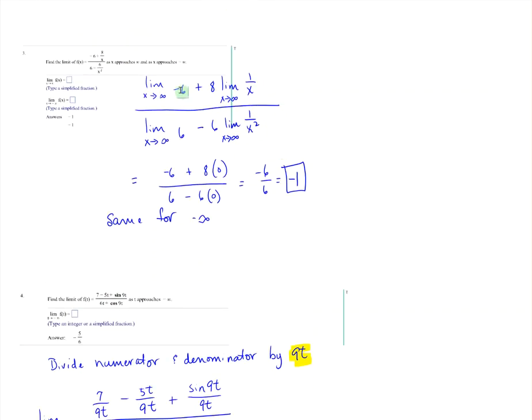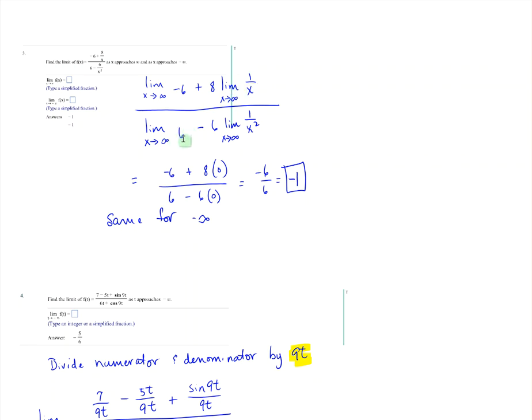Number 3, the limit as x approaches infinity of -6 plus 8 over x, and on the bottom we have 6 minus 6 over x squared. We can write it as two different pieces, if you will.